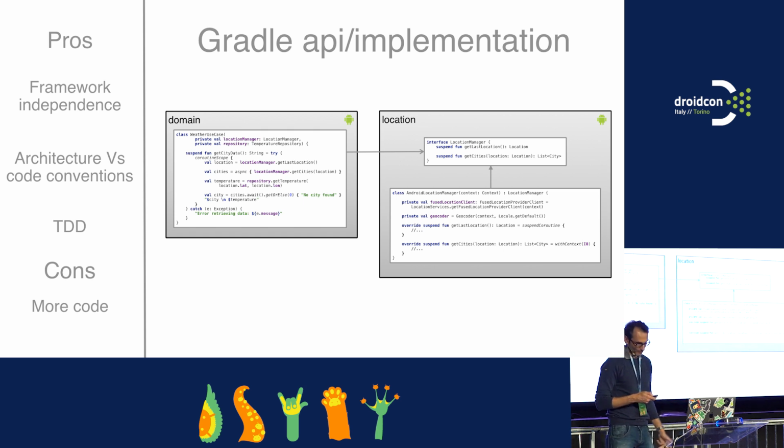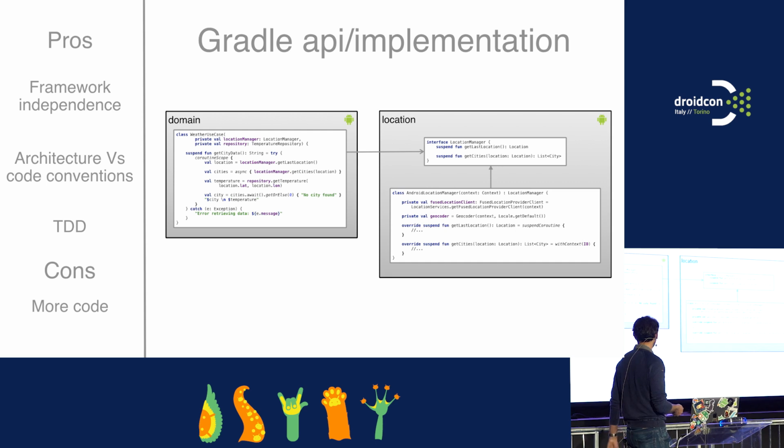It can be useful, but unfortunately, in this way, we still need to define the domain as an Android module, because the Android dependencies can be defined using implementation in a different module.